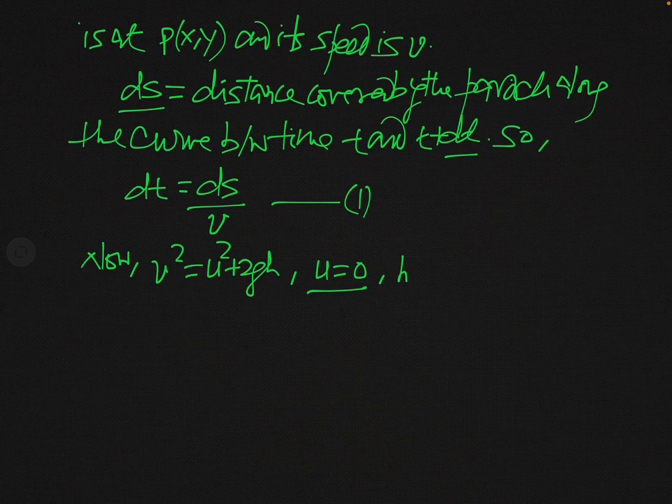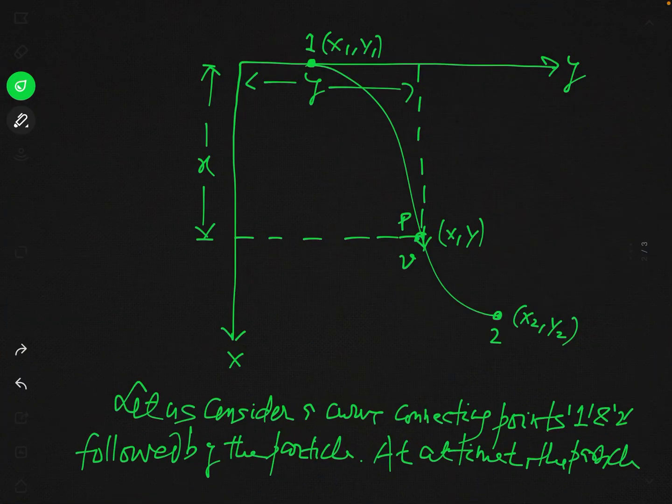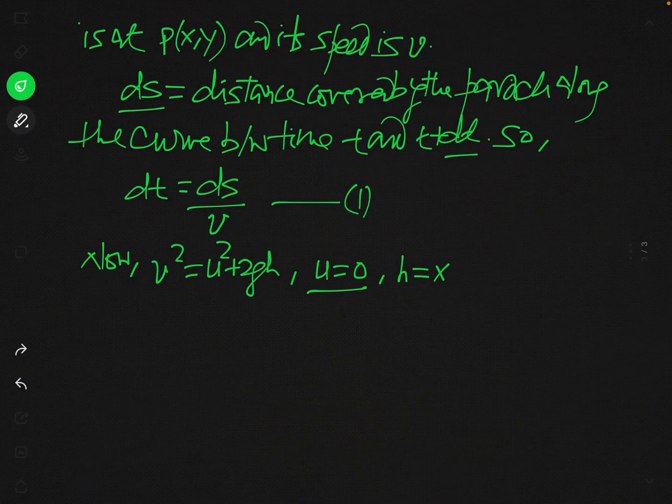And h is the distance covered in the downward direction by the particle, which is x. So h is equal to x. Therefore, v square is simply equal to 2gx. This result can also be obtained by using the principle of conservation of energy, and you will get the same result. So this implies v is equal to the square root of 2gx.